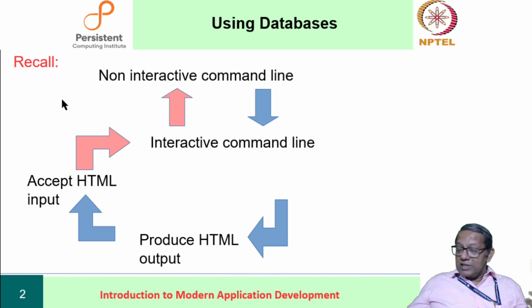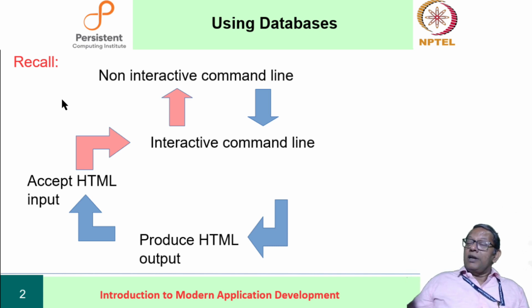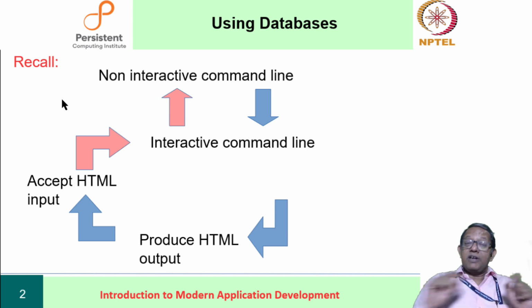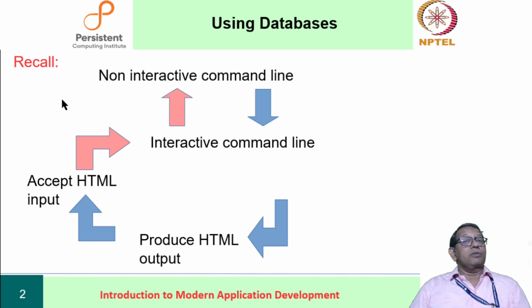Because conceptually now our program is going to be invoked for every individual request, on the server side we are really thinking of multiple invocations of our fair share program, but with different commands at each invocation, exactly similar to our non-interactive command line program.